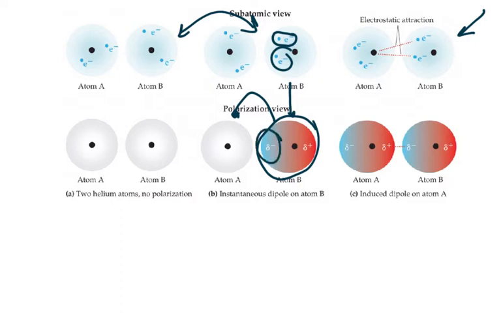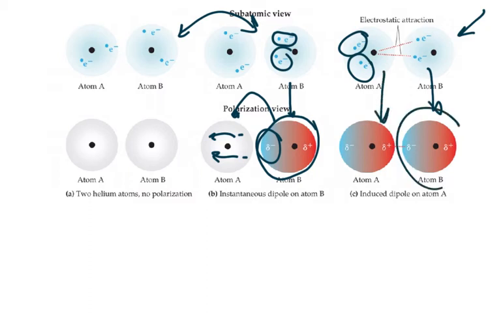The electrons are going to cause the electrons from atom A to shift to the other side, which you can see here in the third picture. So what's happening is atom B is influencing atom A to become polarized, and for a second, both of them become polarized. Now, the original one was the instantaneous dipole. As a result, the neighbor got polarized. We call the one that gets polarized as a result an induced dipole.